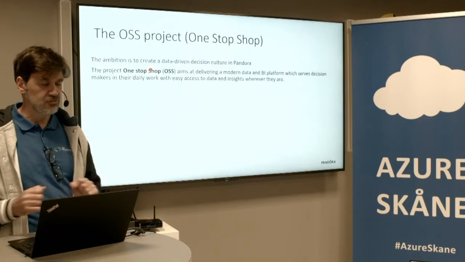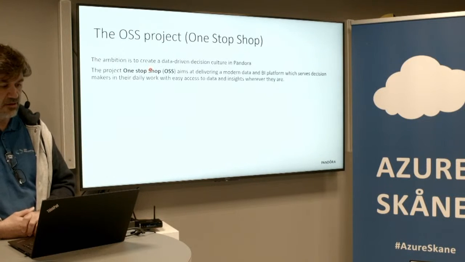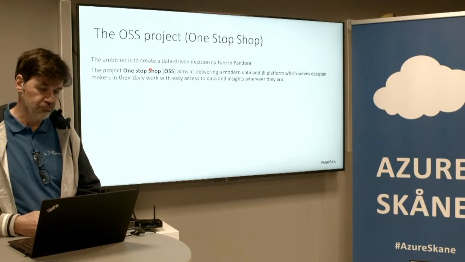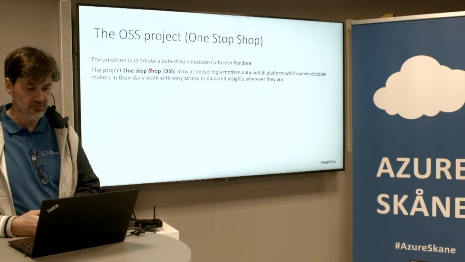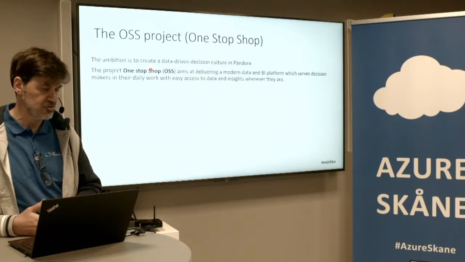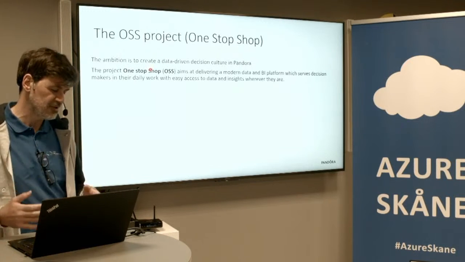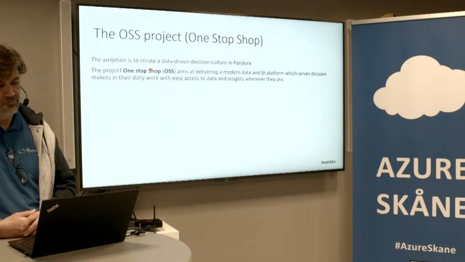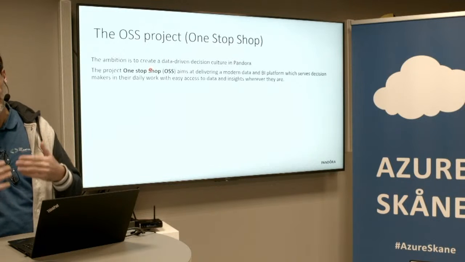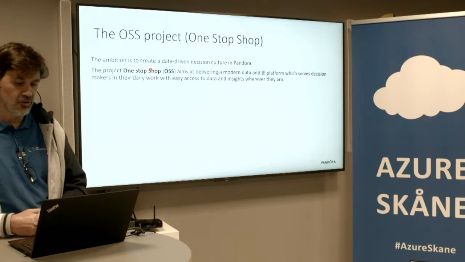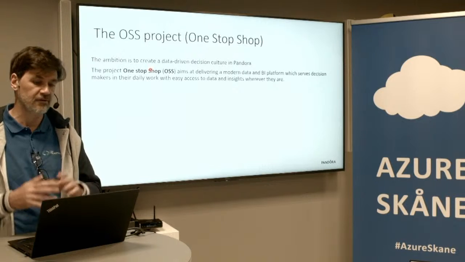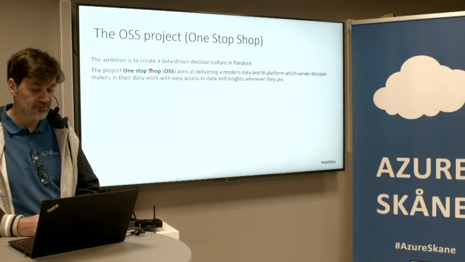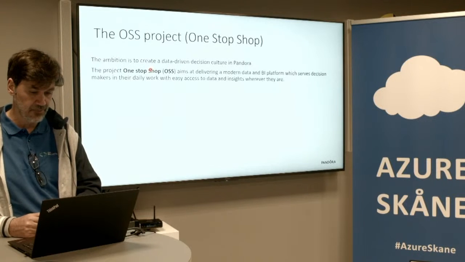Just to set up the scene so that you understand the context, we started the journey 1.5 years ago, something like that, starting this project called One Stop Shop. I'm not going into details. It's just to give you the overview of what we did and why we are at this point now that we want to collect data, and what kind of data we are interested in collecting and monitoring.